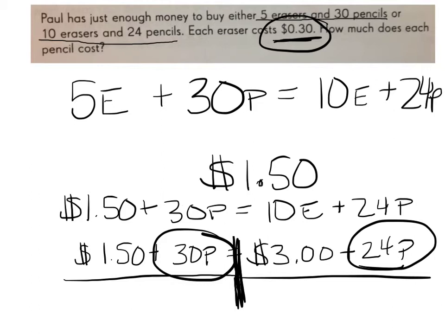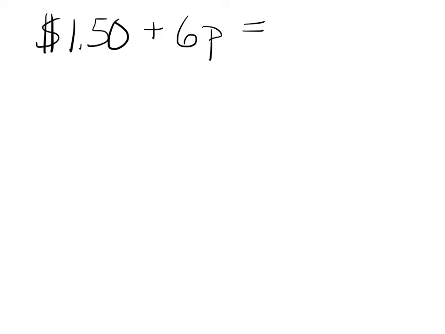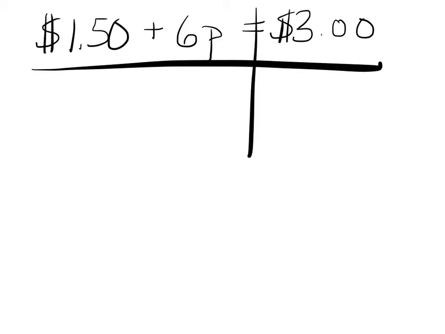So we know that $1.50, and I'm going to move on to a new screen. We know that $1.50 plus 6 pencils is the same as $3. And if we had our scale, it would still look like that.